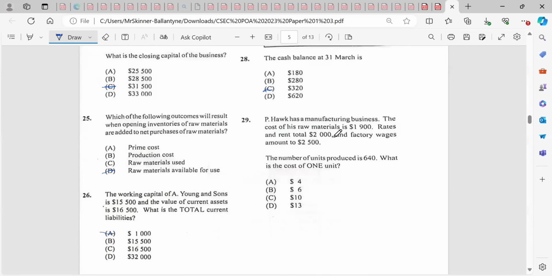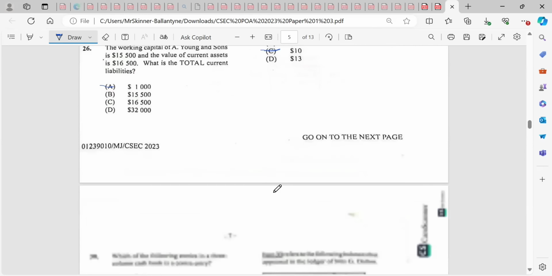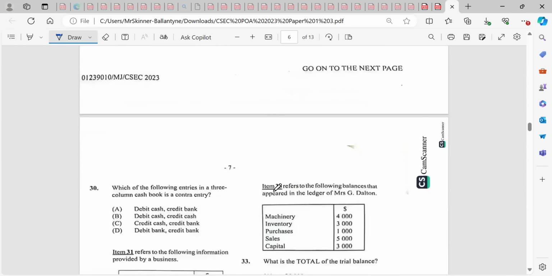They add up everything here to get the total cost, which is 6,400. And then divided by total units to get the cost per unit. 6,400 divided by 640 is 10. Things get hard when you have the same question repeating in multiple subjects.